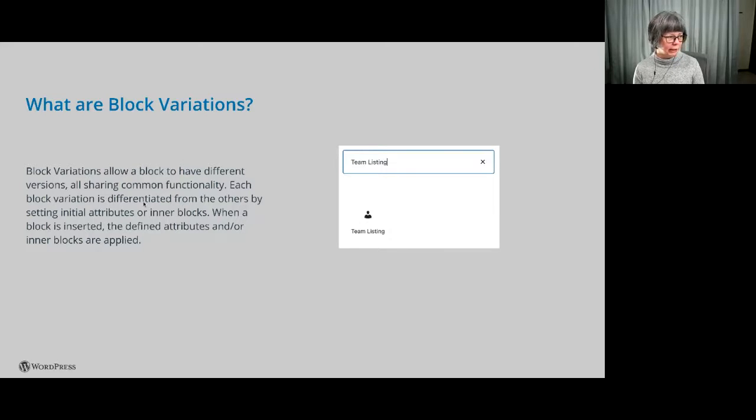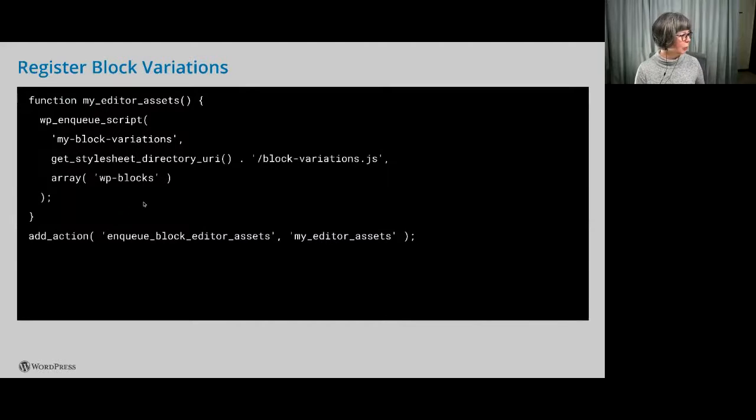In this snippet, you can see that I registered a block variation called team listing. And we can go ahead and dig into what that looks like in the code.